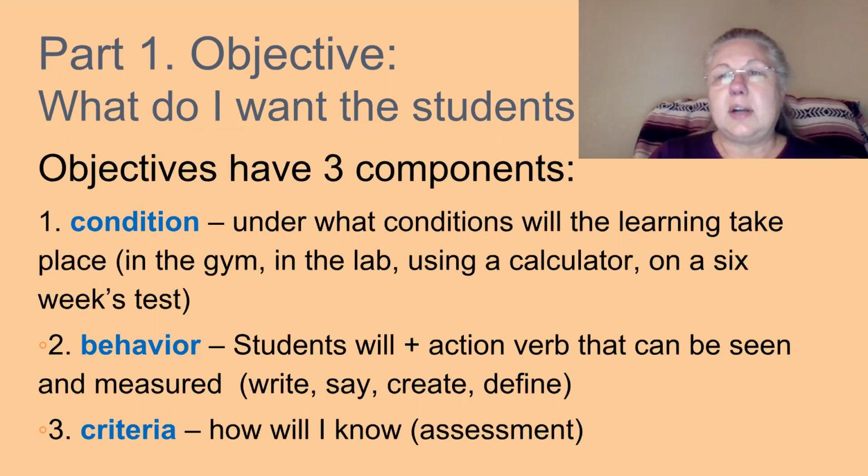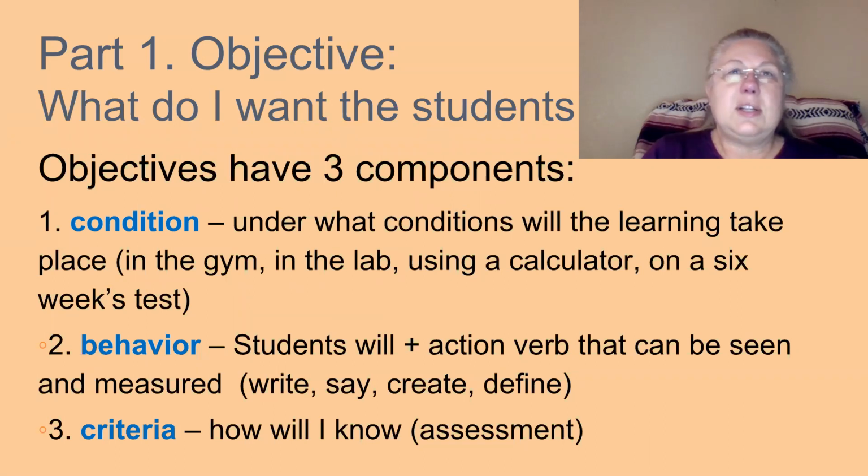So here's part one of our lesson planning cycle: we have to create our objective. And the objective has three main parts: the condition, the behavior, and the criteria. The condition is always how are your students going to get through the lesson? Are they going to need some specific materials, types of technology? Are they going to be working in partners or in teams or individually? Are you going to take them to another location, maybe outside the classroom that's not normal?